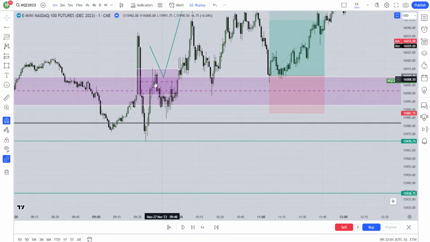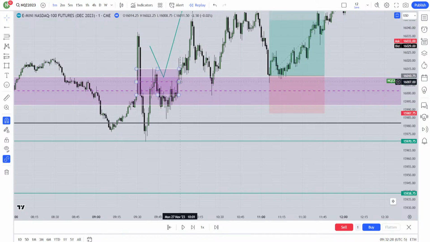It is not working as an inversion fair value gap. The only reason is it has taken the sell side liquidity from here again. Look at this run. If it failed to take that sell side liquidity, I am going to take my sell over there because this is a valid inversion fair value gap for me.